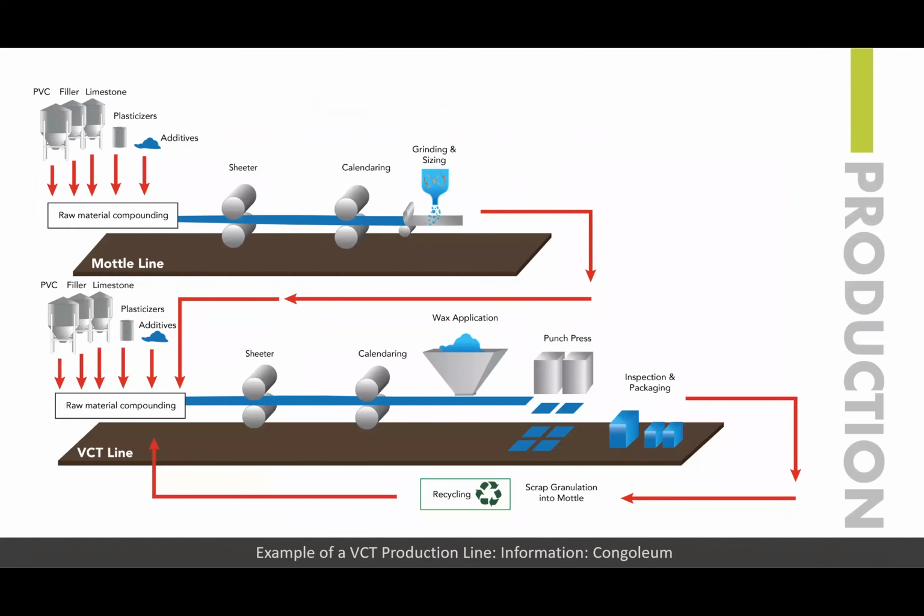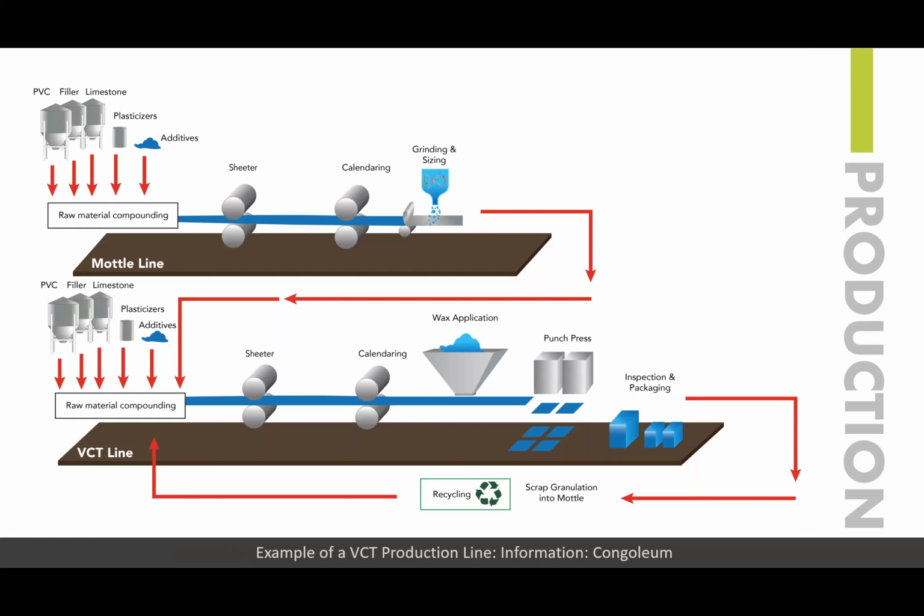When we're looking at the production of VCT, there are two lines. One is called the model line, which makes those little chips that go into the final product, and then the overall mixture that creates the product itself, which then has an application of a finish and is punch pressed into usually squares. 12 by 12 squares are what we're most commonly familiar with, but there are other shapes as well.